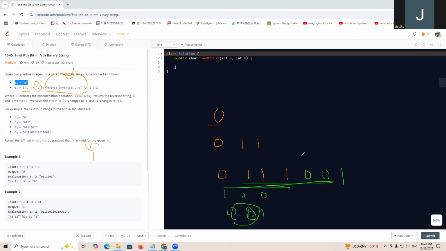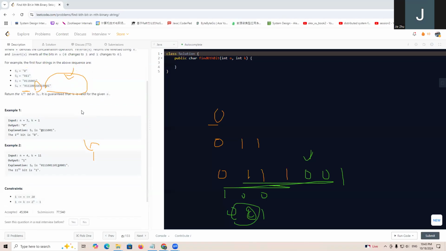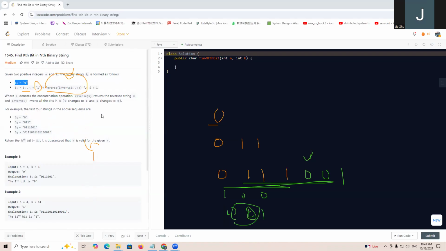So the question asks what the kth bit is when we do the nth operation. It's guaranteed that k is smaller or equal to the length of the nth operation's string.